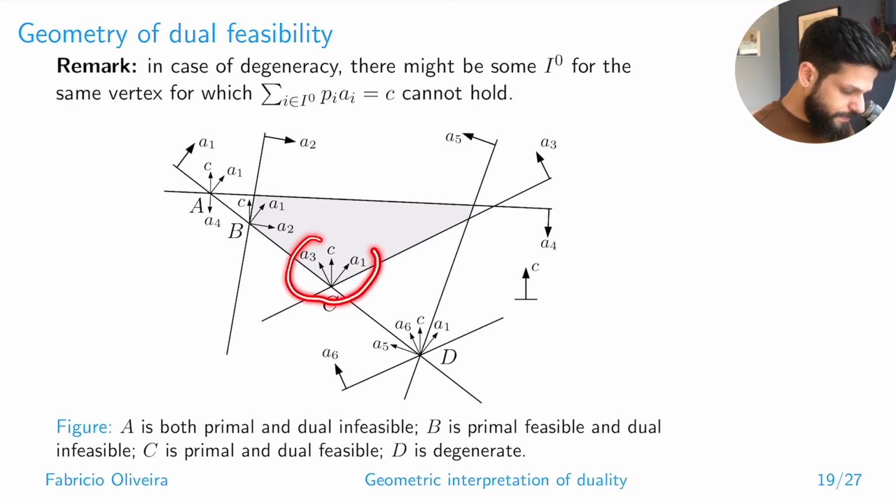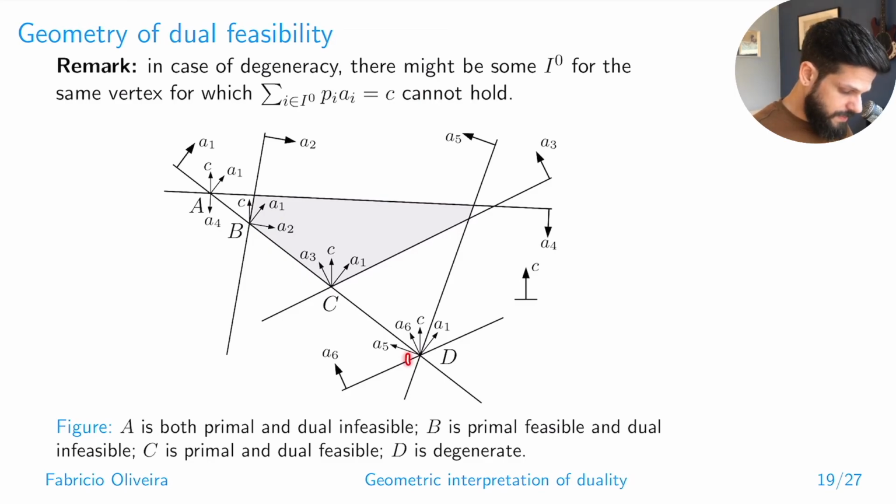Now look at C. C is primal feasible because it's within the polyhedral set, and it is also dual feasible because I can definitely write C as a conic combination of this vector and this vector. So it's within the cone formed by these vectors. So that classifies primal feasibility and dual feasibility, and complementarity conditions hold in the sense that I can make A5, A2, A6 for what it's worth, and A4 have multiplier value 0.